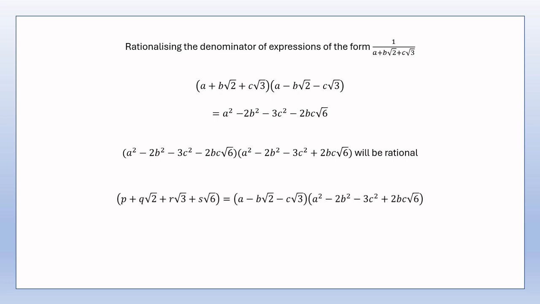And so the expression p plus q root 2 plus r root 3 plus s root 6 that I need will be equal to a minus b root 2 minus c root 3 times a squared minus 2b squared minus 3c squared plus 2bc root 6.